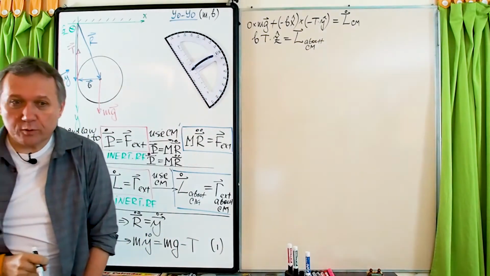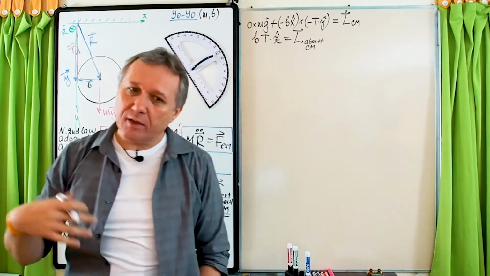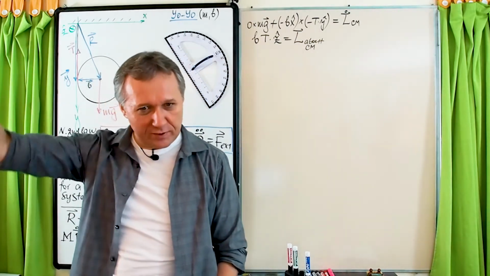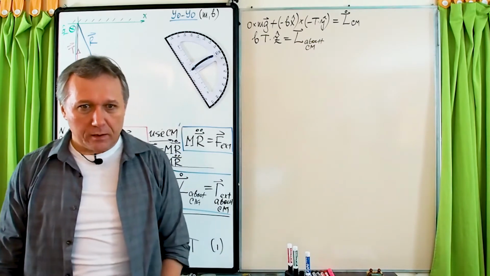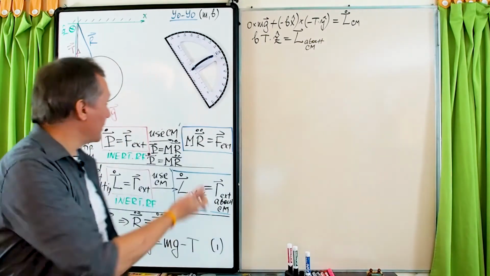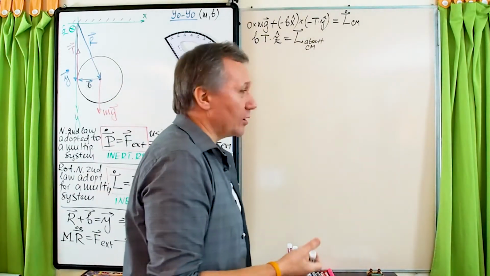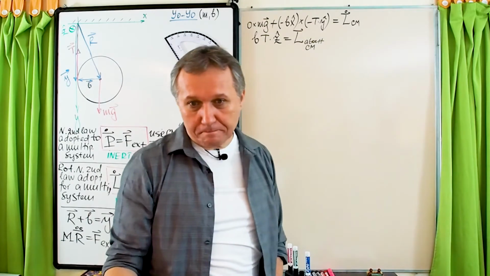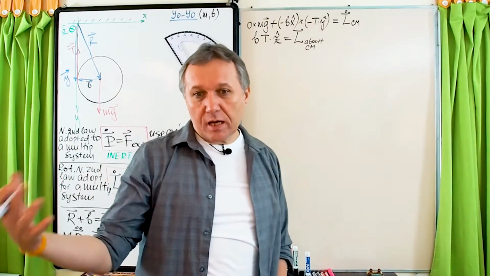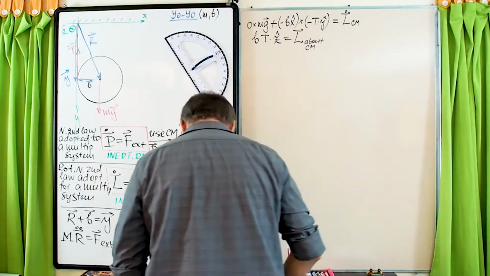Now we have to use something which we introduced at the end of the previous class. I digressed a little bit in chapter 10, I think. We wrote down that for a symmetrical rigid object, like in this case basically a disk, the angular momentum can be written as the moment of inertia times the angular velocity of the object.